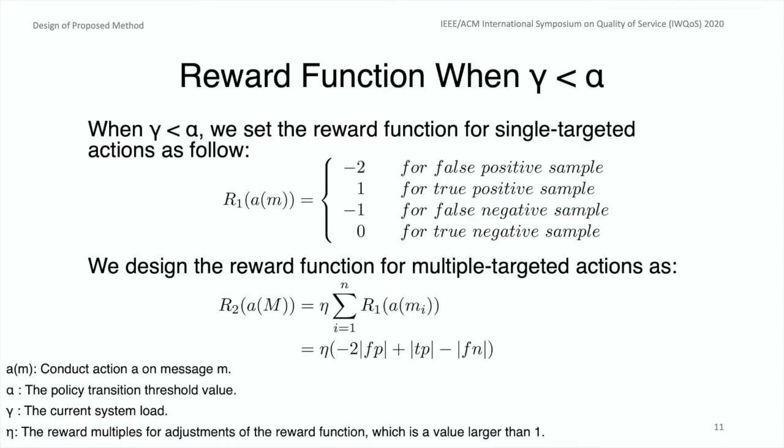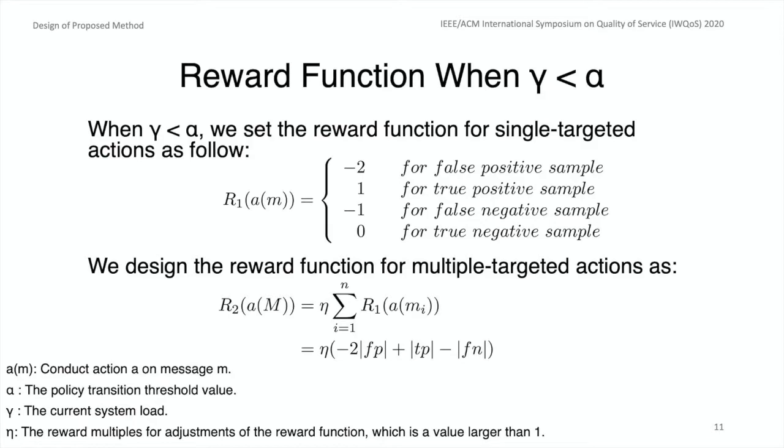Here we define false positive samples as a legitimate message that the agent dropped or mitigated. In this scenario, the agent is encouraged to minimize the collateral damage, even though the agent failed to mitigate some malicious messages, it is still okay.